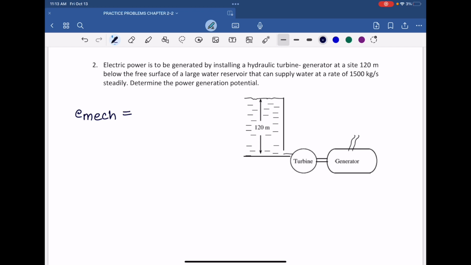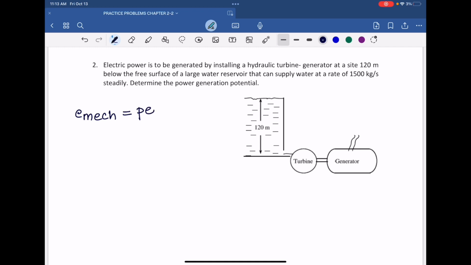The flow energy and the kinetic energy are insignificant compared to potential energy. In fact, the problem statement doesn't give me anything about the pressure or the velocity. It just gives me the height and the mass flow rate. So this tells me that the mechanical energy of that fluid is equal to its potential energy.